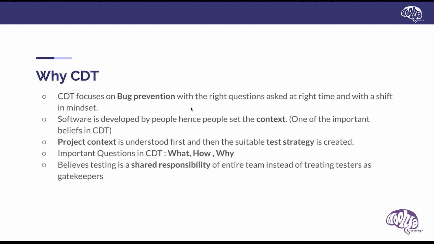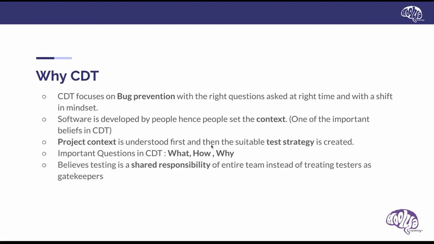So the approach taken by A might not be the same as the approach taken by B. That is something a context-driven tester understands, which makes it even more flexible and easier for a context-driven tester to decide on various important things in testing.